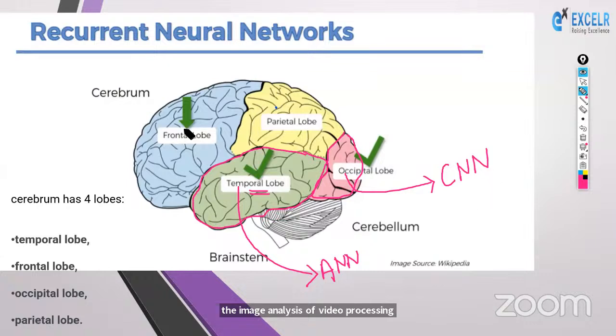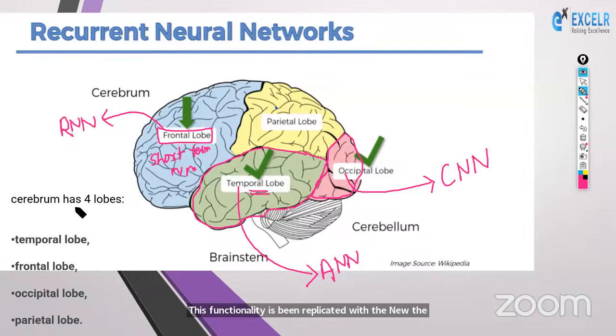Okay. Now, what about this frontal lobe you are seeing? This frontal lobe is also called short-term memory. This functionality is being replicated with the neural network called RNN, recurrent neural network, right?